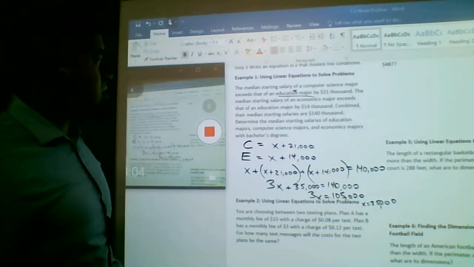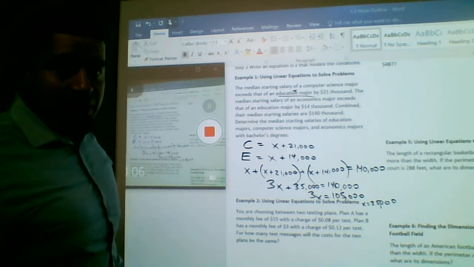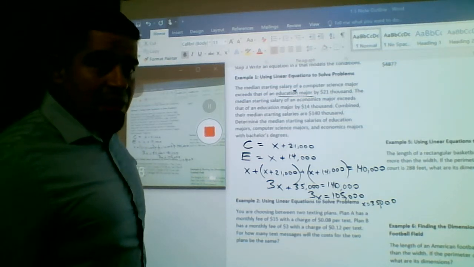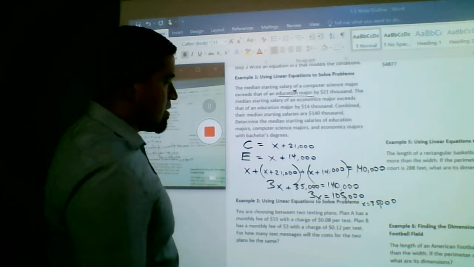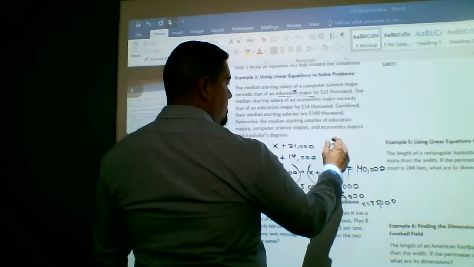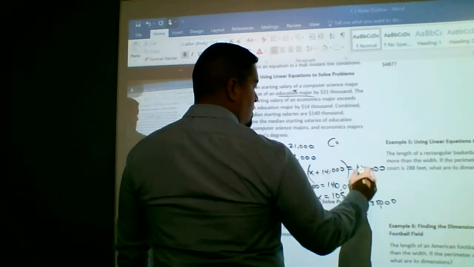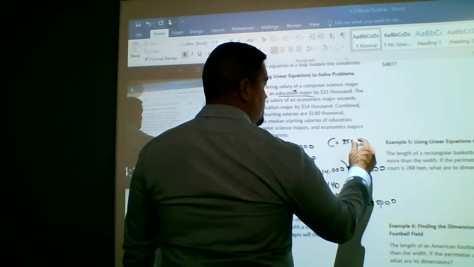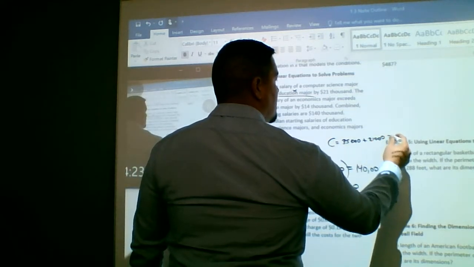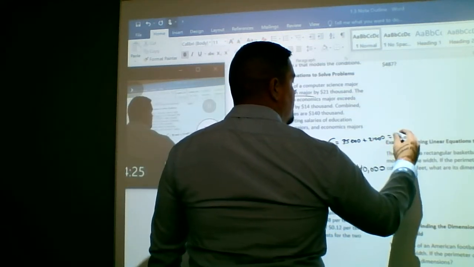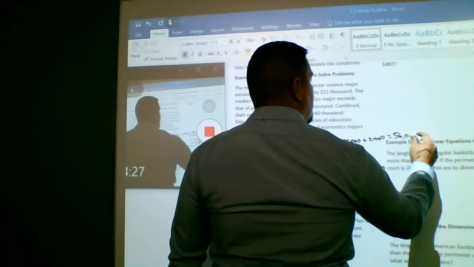Now we found the education major, but we also want to know the other majors. How are we going to get that? Well, plug it in. 35,000 plus 21,000 equals 56,000 for the computer science major.